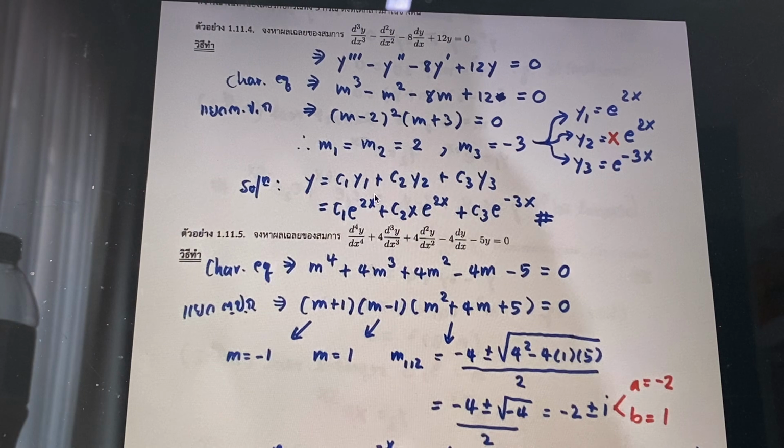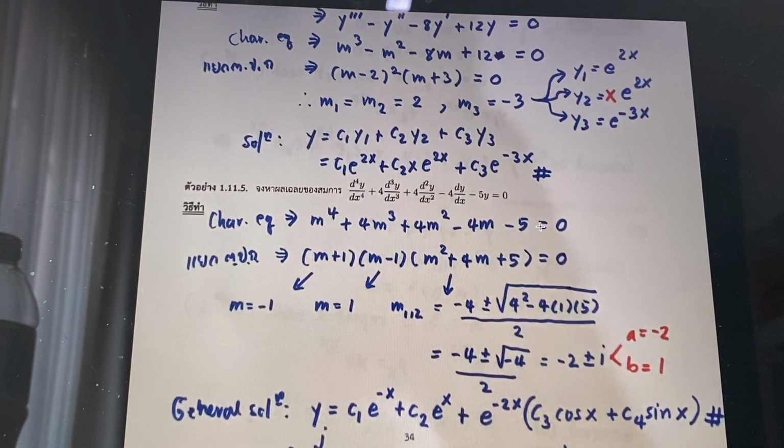When you write the general solution, you have y equal to c1y1 plus c2y2 plus c3y3. Just plug each term into this notation and you get the solution.